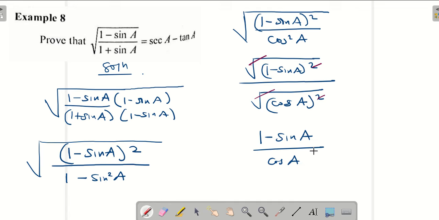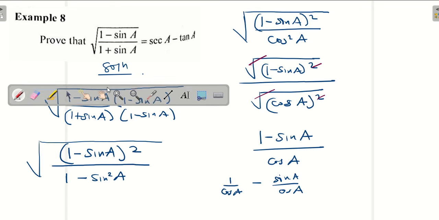But we are not done. Now remember that if you have 1 minus sine A all over cos A, we can split it into two, as the cos A is dividing 1 and sine A. So we can write it as 1 over cos A, then minus sine A over cos A. But we know that the reciprocal of cos is sec.